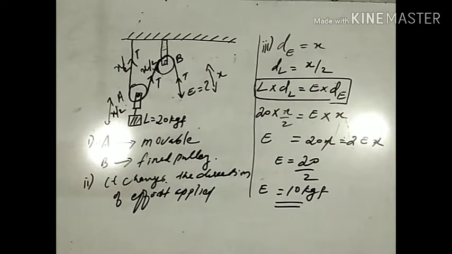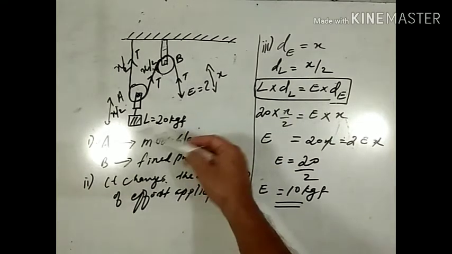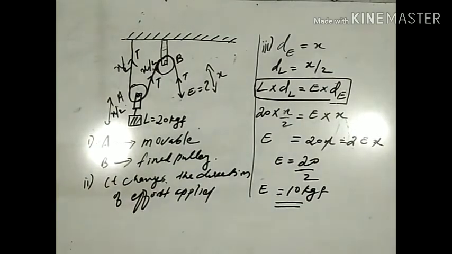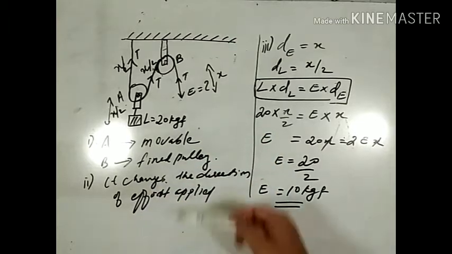Right? Yes. Now the third part, what effort has to be applied here at the free end to lift up a load of 20 kg force? What is the effort to be applied here? So we have been given the load and the effort is not there, no other quantities are given.